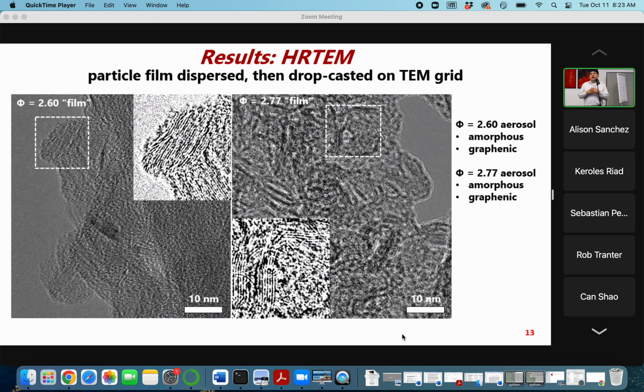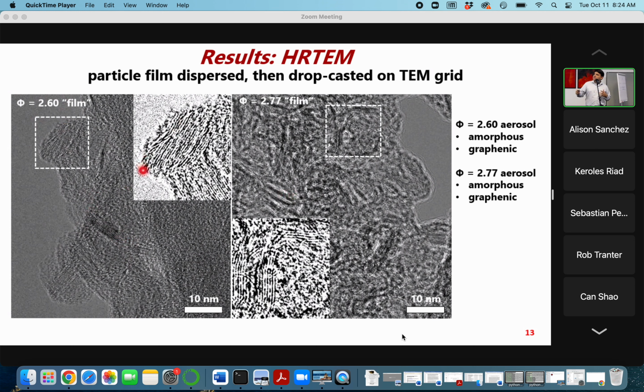So here, moving on from using a dilution aerosol probe to prepare a TEM grid, we took the film that we can also collect, scraped it off, dispersed it, and drop cast it onto a TEM grid. And what we see there is something different, where it's harder for us to find the amorphous sections that we saw previously. What comes out more, even in this 2.6 case, are these long ordered regions of the sample.